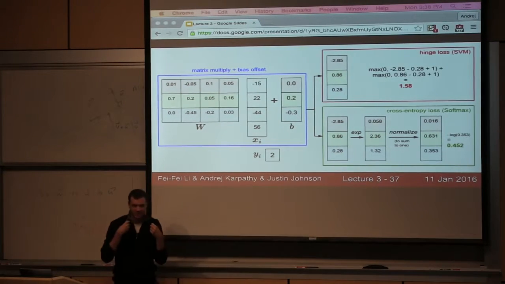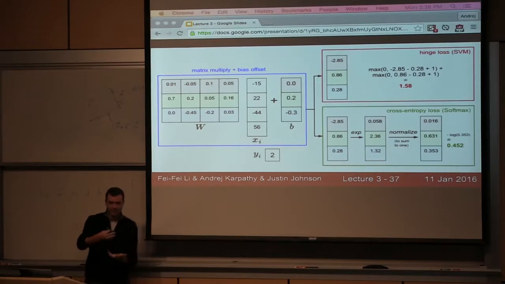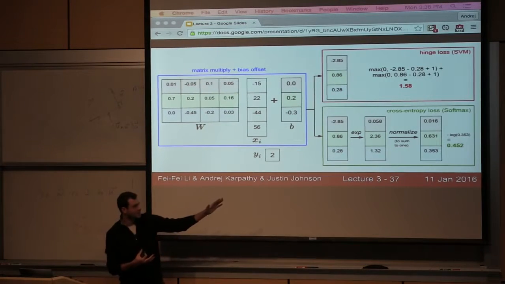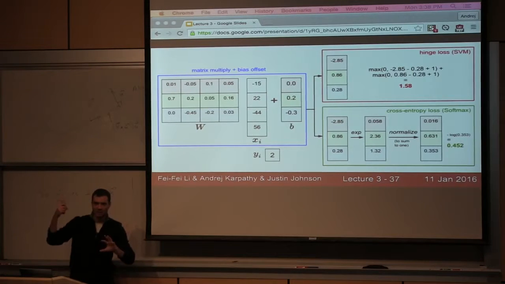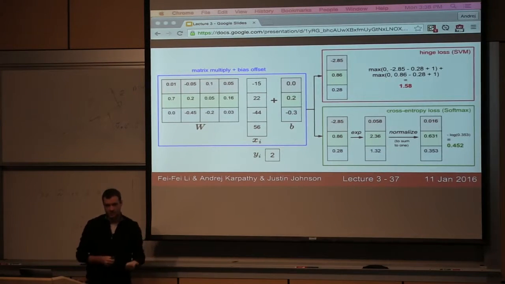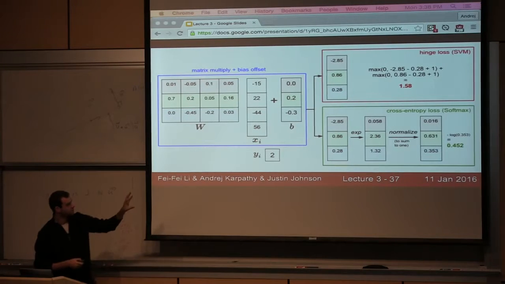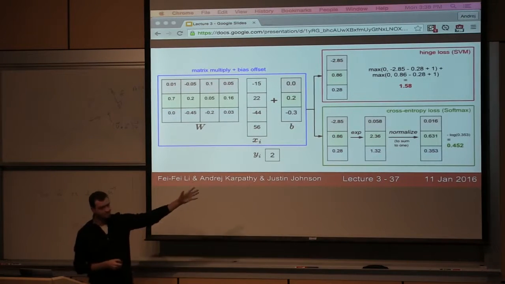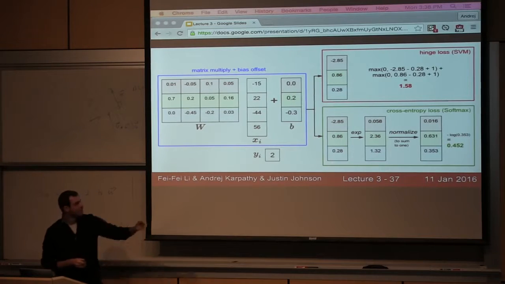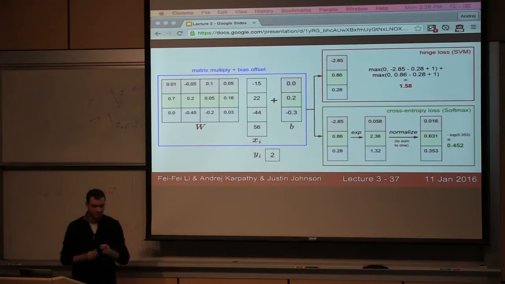Or we interpret it to be these unnormalized log probabilities. And then in this framework, we first want to get the probabilities, and then we want to maximize the probability of the correct classes, or the log of them. And so that ends up giving us the loss function for softmax. So they start off the same way, but they happen to get a slightly different result. We'll go into exactly what the differences are in a bit. Are there questions for now?